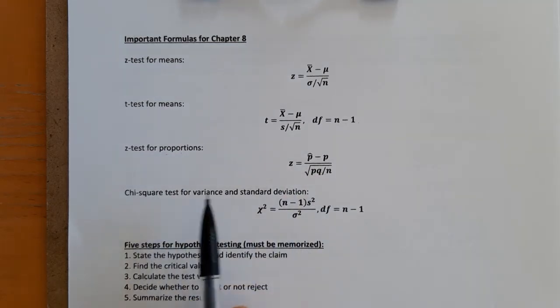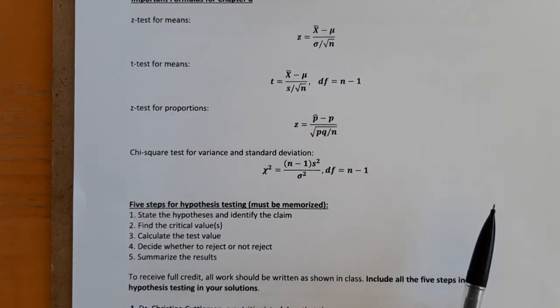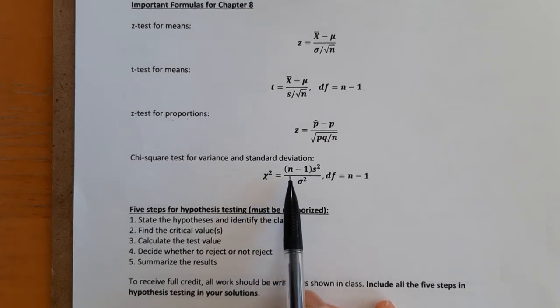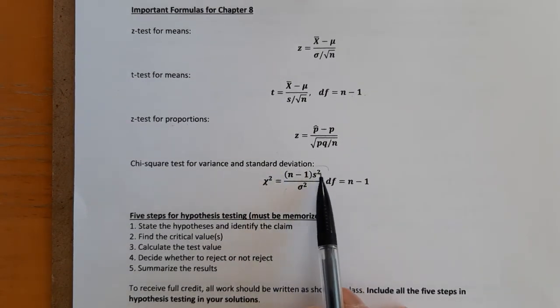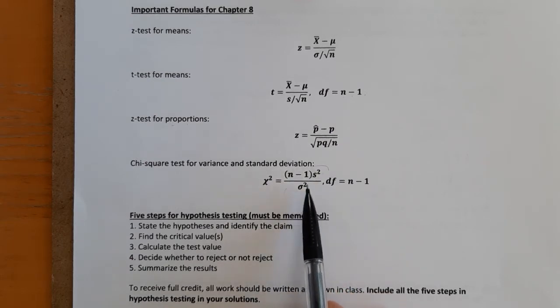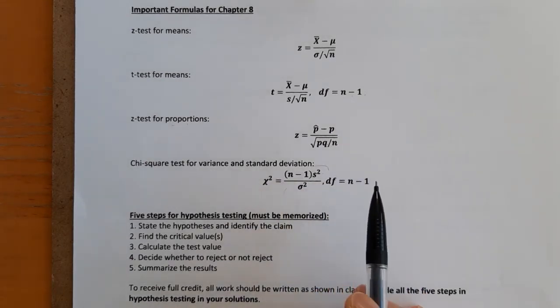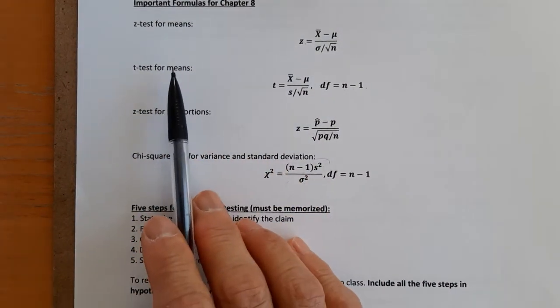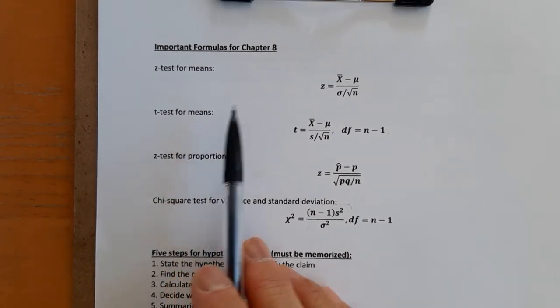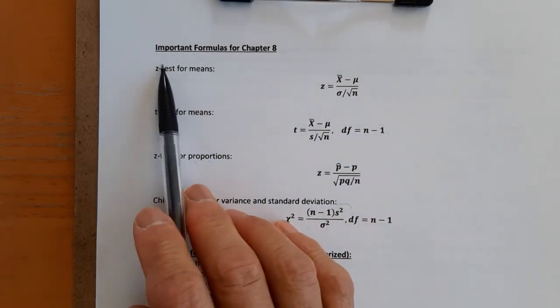This is the standard deviation for the proportion. And we use the chi-square test for variance and standard deviation: chi-square equals n minus 1 times the ratio between the sample variance and the population variance. Degree of freedom is n minus 1. So we have the z-test and t-test for the mean. If sigma is known, use the z-test.